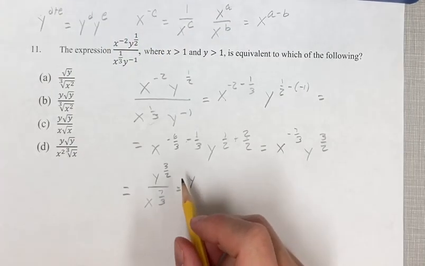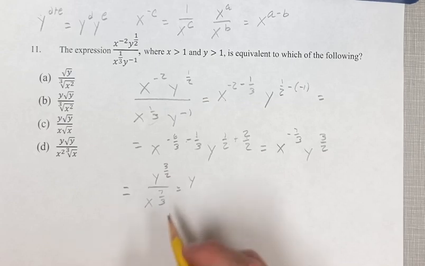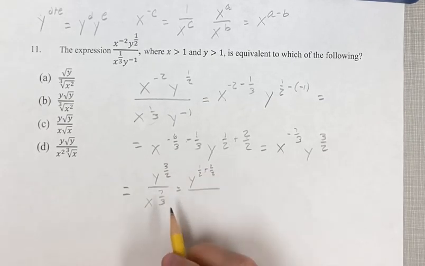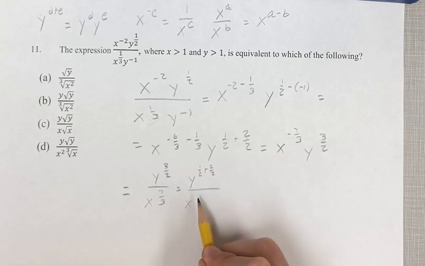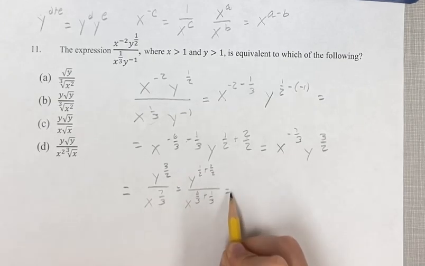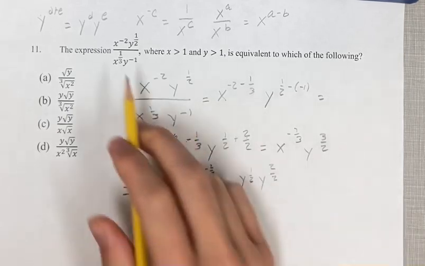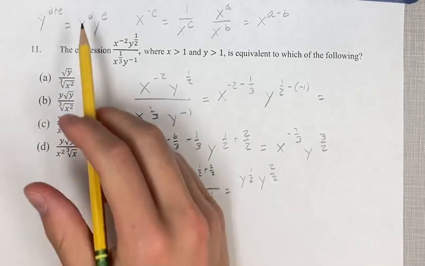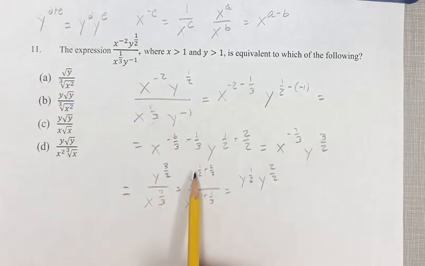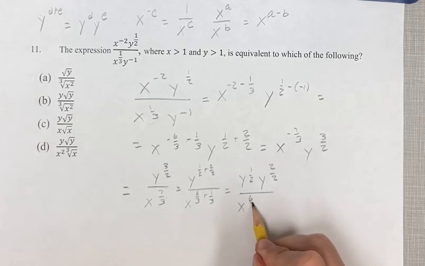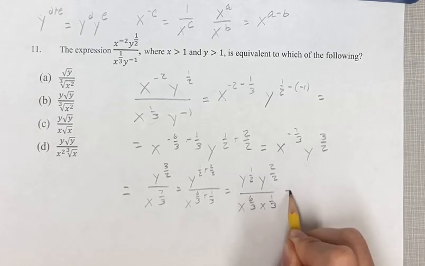Okay, so y to the 3/2 is y to the 1/2 plus 2/2, and x to the 7/3 is x to the 6/3 plus 1/3. So this is y to the 1/2 times y to the 2/2, separating these terms when you could have added their exponent values earlier. And it's x to the 6/3 times x to the 1/3.